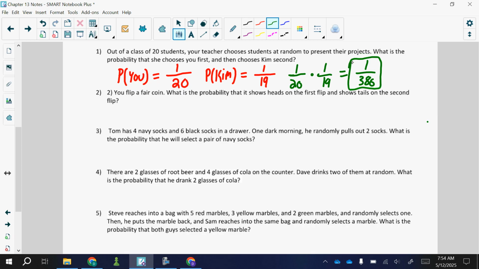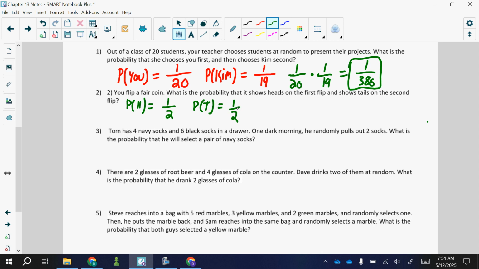Number 2. You flip a fair coin. What is the probability that it shows heads on the first flip and tails on the second flip? The probability of heads is 1 out of 2, or 1/2. The probability of tails is also 1/2. You're flipping a coin.